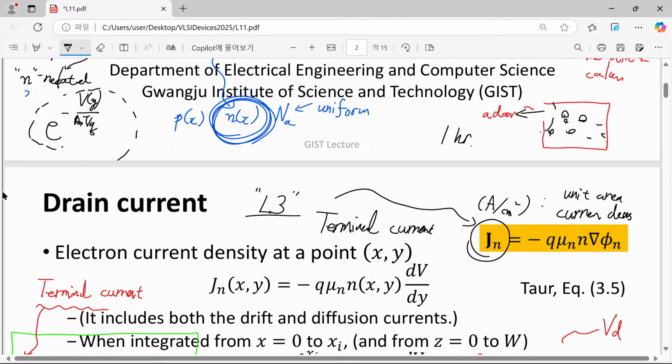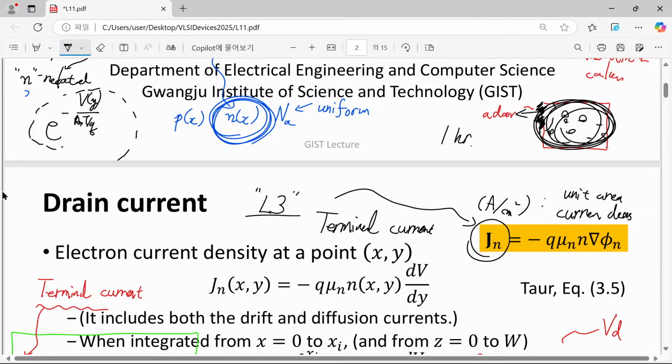So although our point of interest is only here, the door, or in our case, the drain contact, source contact, or body contact, in order to understand the quantity at that point, the drain contact, we must understand the entire system.